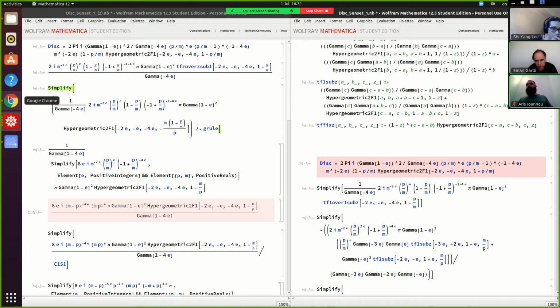So when you say that you can relate 2F1 of z to 2F1 of 1 minus z, this is valid for example for z smaller than 1 and positive, because if you take z which is negative, then 1 minus z is going to be larger than 1, and you'll be running on the branch cut.